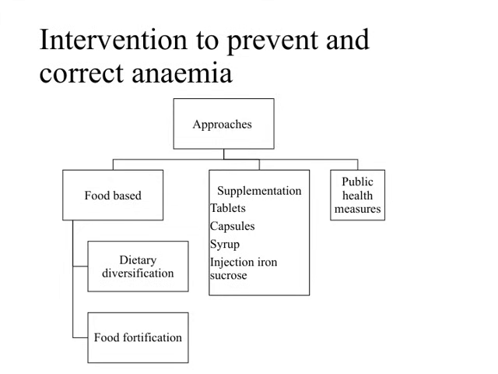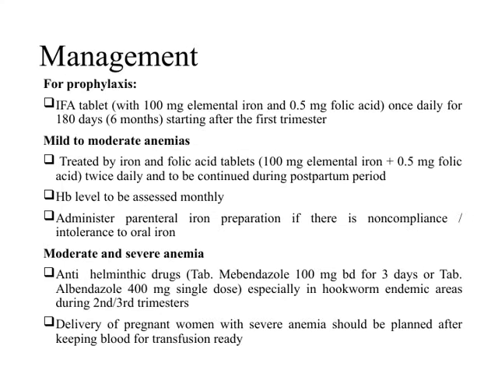It's important to remember that a comprehensive approach, combining prevention with timely correction, is key to reducing the burden of anemia in populations. Connecting this to our overall theme, these interventions are essential steps toward improving health outcomes and building resilient communities. Now, let's discuss management strategies for anemia in pregnancy.